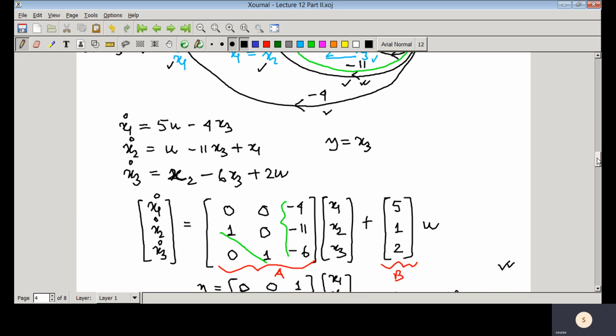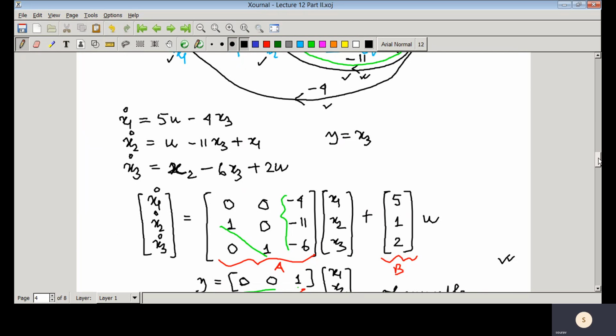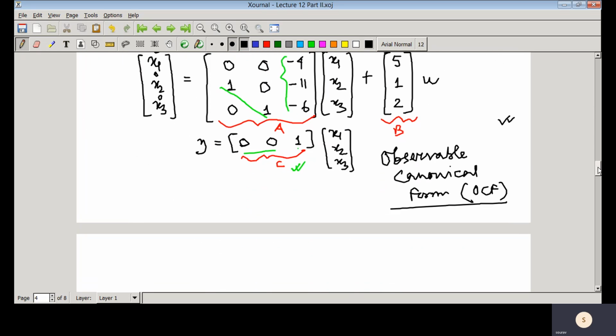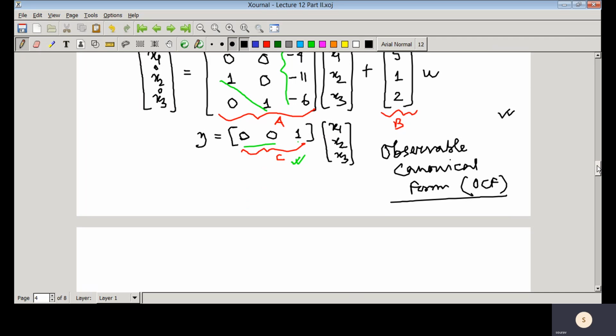So here we have two realizations, CCF and OCF, and they have some specific structures. So I would suggest you all to solve some problems, because for getting CCF and OCF, you need to follow this particular method. So this is all about that realization.